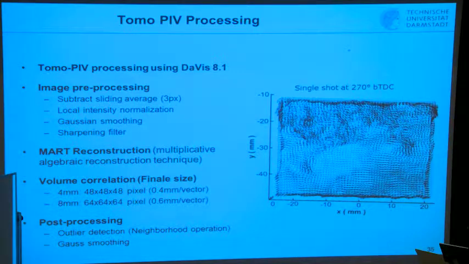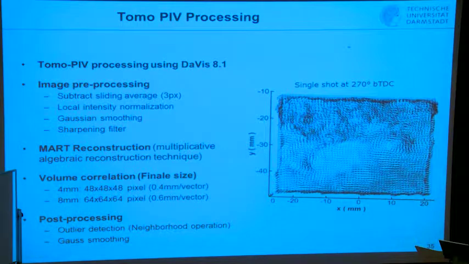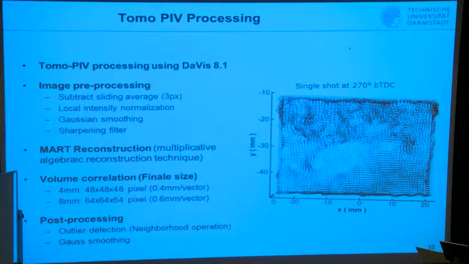Because with the 2-component PIV, you were able to deduce the derivatives only in plane. Now you have them in all directions. And that can be useful to better understand that flow. But it's quite a large effort. And the post-processing is even more critical, I would say.